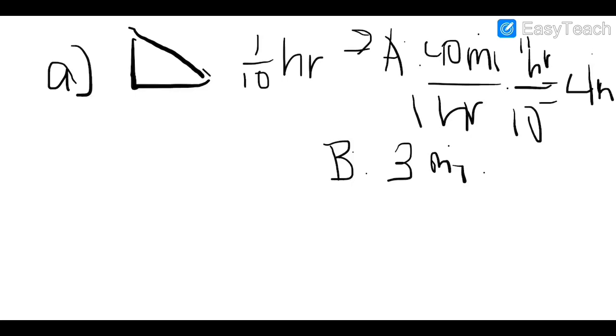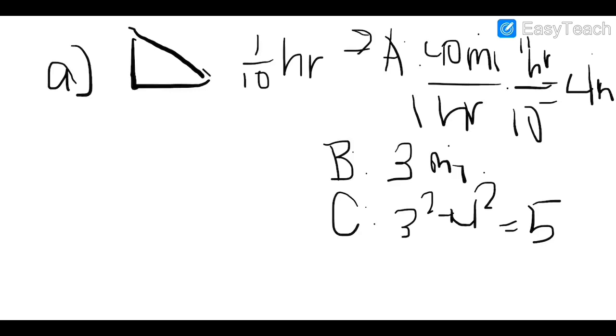And then to find C, we're going to use our triangle rule, the Pythagorean theorem, which is going to give us 5. So now we're just going to label each side. So this side is B, which is 3, found over here. A is 4, and C is 5.